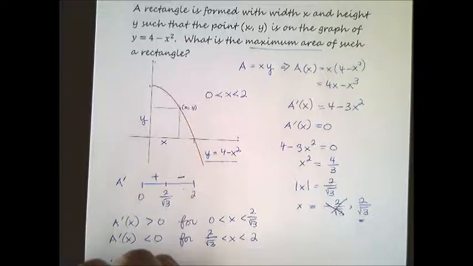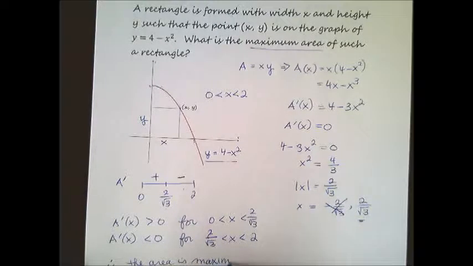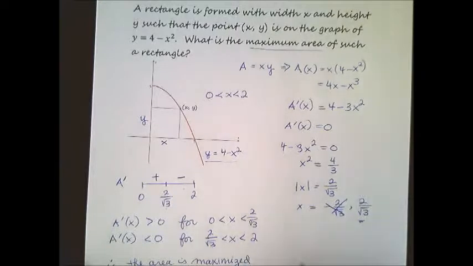So therefore, the area is maximized at x equals 2 divided by the square root of 3.